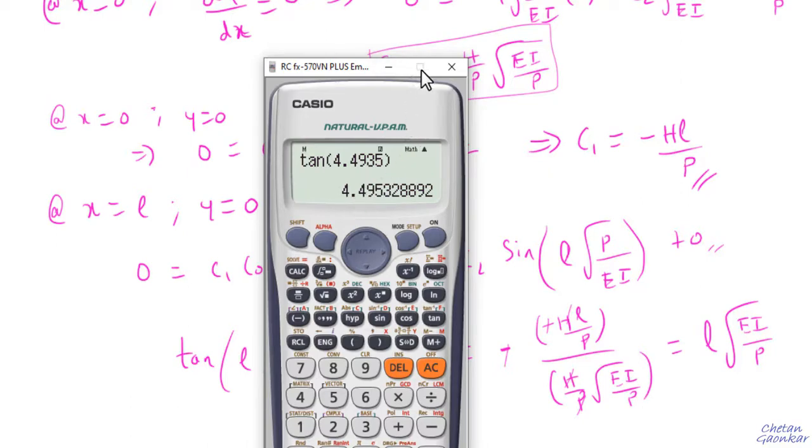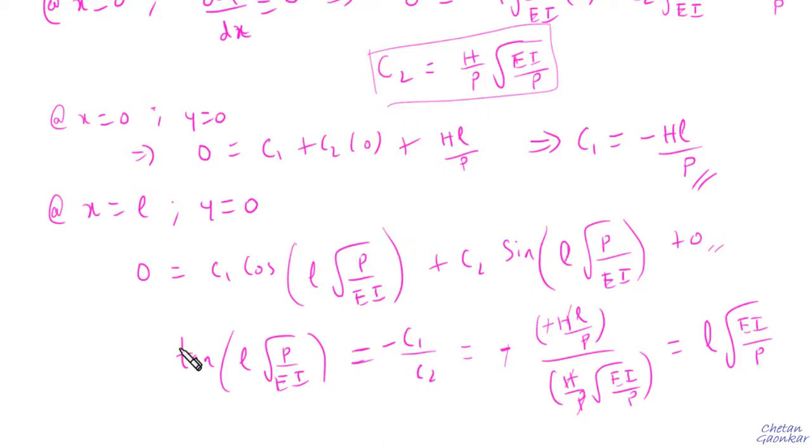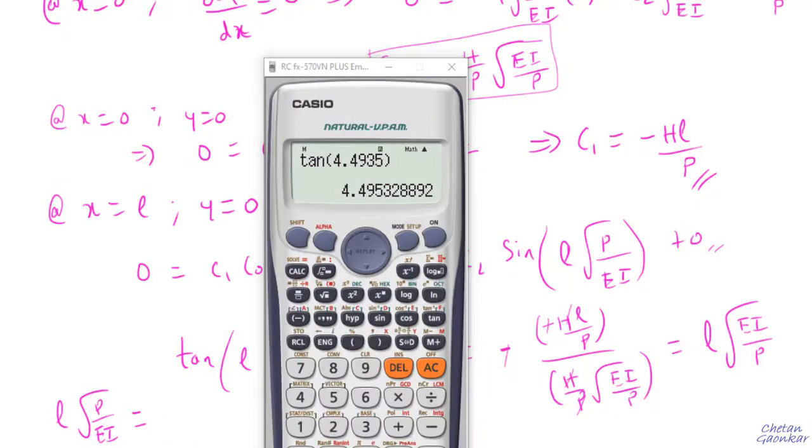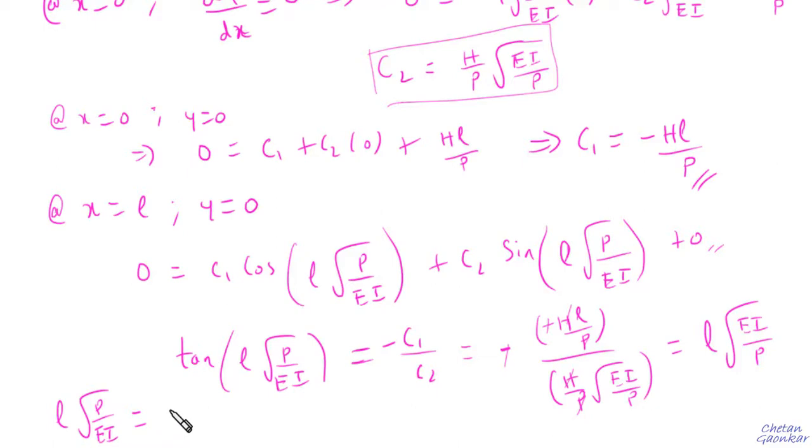So therefore this can happen only when this term L root of P divided by EI is equal to this value, that is 4.4935, all right. Or else from here I can now even find this P critical.